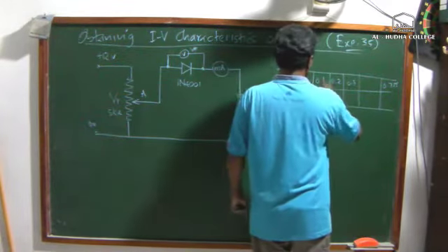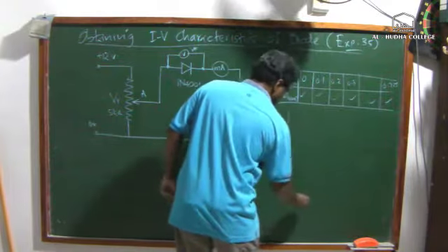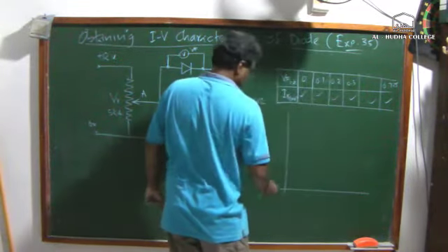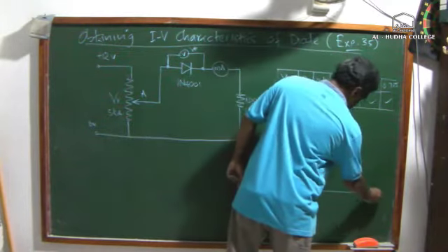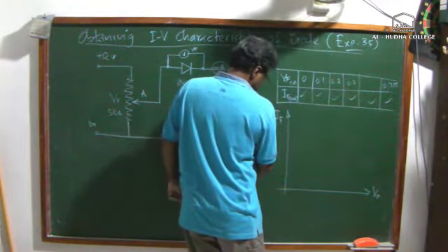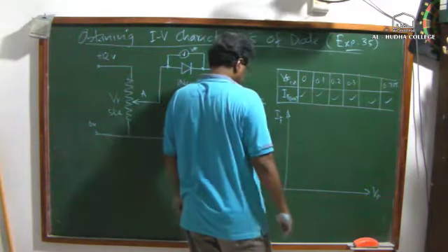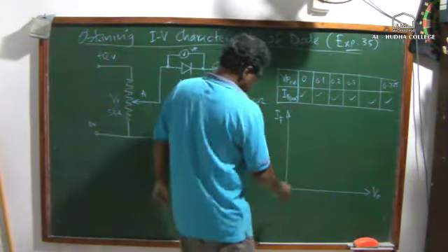So you measure the current, then you can draw IV curve only in the forward bias direction. Yes. Because the current in the reverse bias direction, the reverse leakage current is in microamps, which is very difficult to measure in the lab. So they ask you to plot this one.